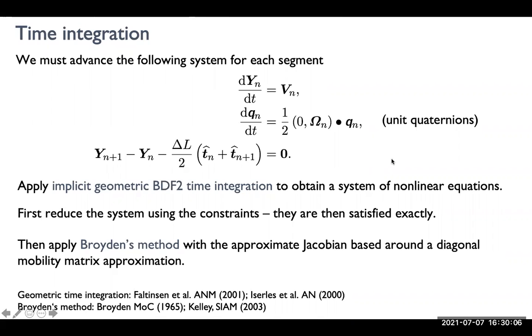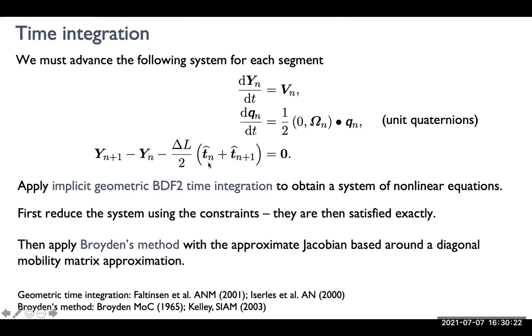And this is the step where we deal with our numerical stiffness and also our constraints, because we actually have a differential algebraic system of equations that we need to treat.